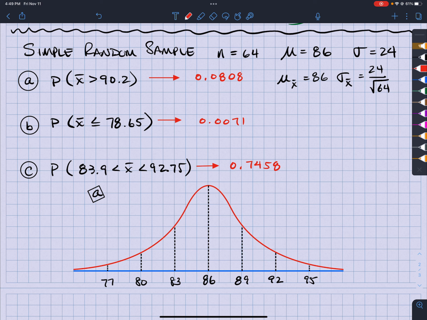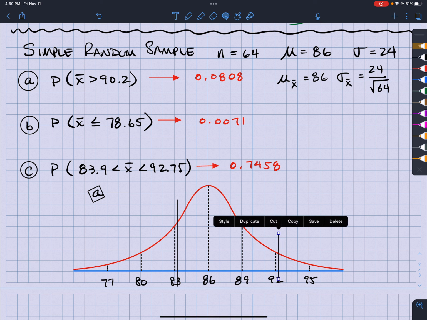So that is what you kind of have to look at, where the second one is less than 78.65. So 78.65 is probably something like this. So we're really looking for this little tiny area right here, okay? So for it to be way smaller, makes sense. And then for the third one, we're looking at 83.9. So it's really very close to this line right here, and 92.75, so just past that 92 here.